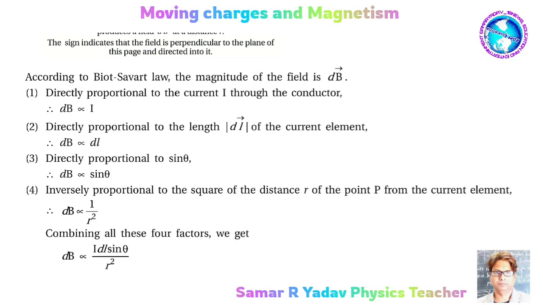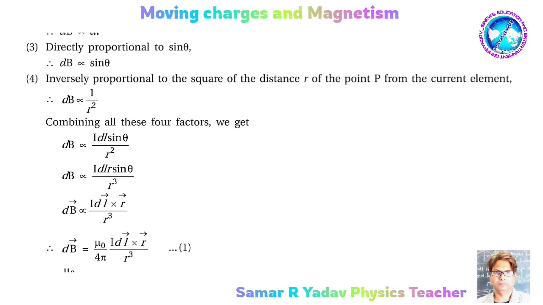Third, directly proportional to sin theta. And fourth, inversely proportional to the square of the distance r of the point P from the current element, therefore dB proportional to 1 upon r square. Combining all these four factors, we get dB proportional to I dl sin theta upon r square.